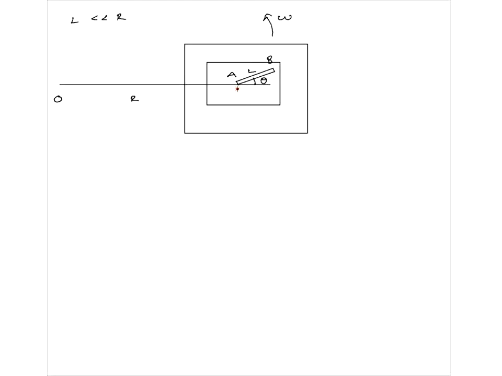There is a particle at A at t equal to 0 time. So in how much time will that particle reach B? That's the question. I hope the question is clear.